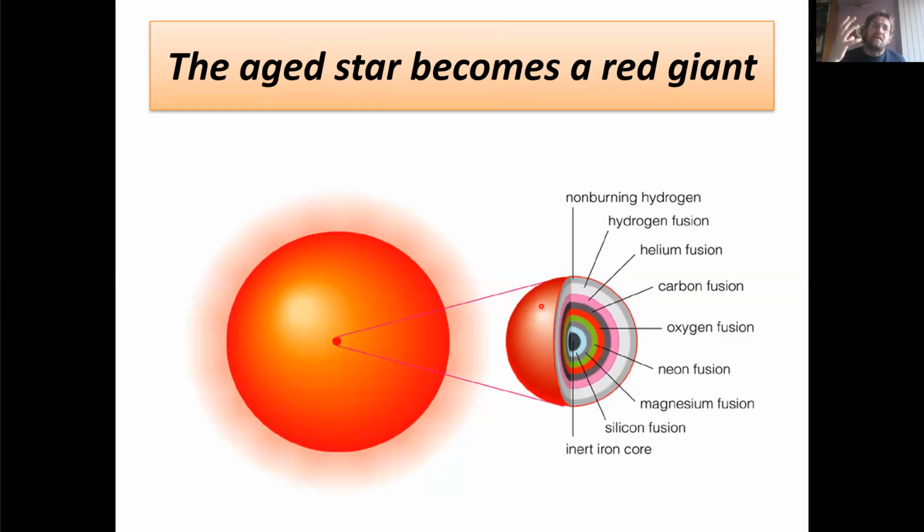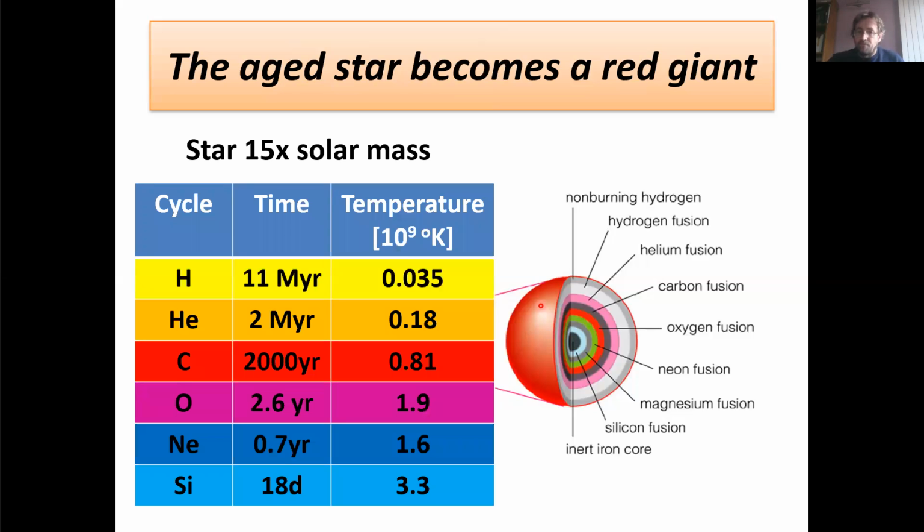And what happens after a certain limit, we're going to talk about next week when we talk about the death of massive stars, type 2 supernovas. Well, in fact, it's quite interesting if you look now at the different burning cycles, how long they take and what temperature is necessary.